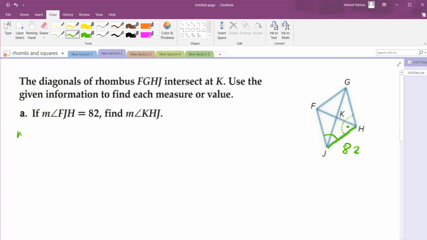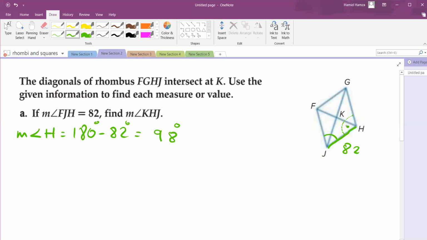So angle H equals 180 minus 82. The answer will be 98 degrees.